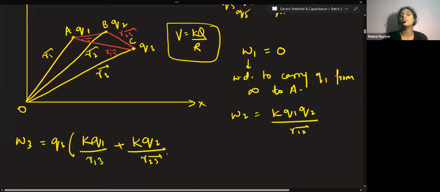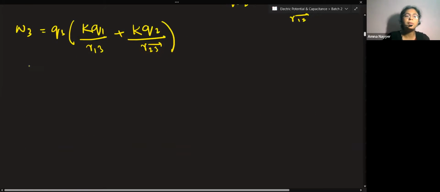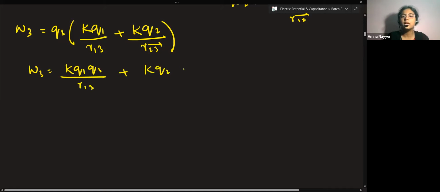So this is how we write the work done. Now see, you can open the bracket by multiplying it. W3 will be what? K Q1 Q3 divided by R13 plus K Q2 Q3 divided by R23. This is how we'll be writing it for work done. See, it's very easy to write even without doing so much.